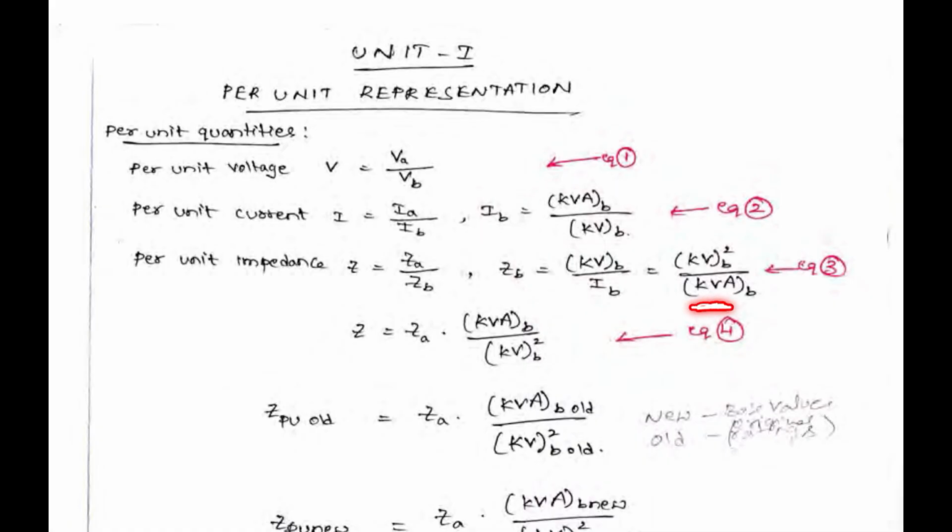The KVB in the denominator comes into the numerator. Now from this we can write Z equals Z actual by Z base, and placing the base value here, Z equals Z actual into KVA base by KVB square.